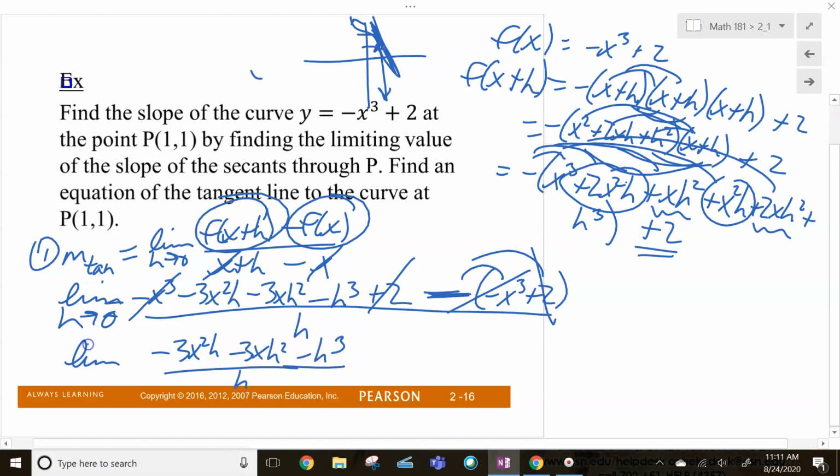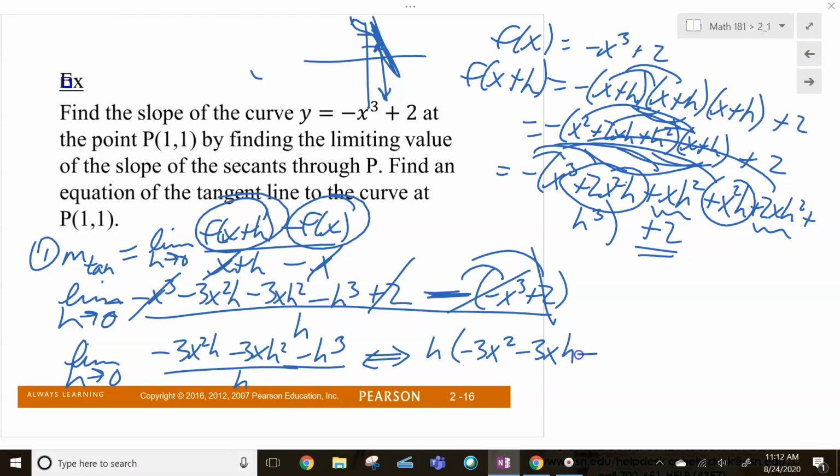I'm taking the limit as h goes to 0. Now I can't let h be 0 right now because I got an h on the bottom. So again, I factor out as much h as I can. Looks like I can take an h out of the top, and I have negative 3x squared minus 3xh minus h squared all over h.